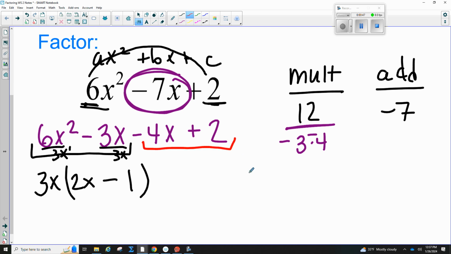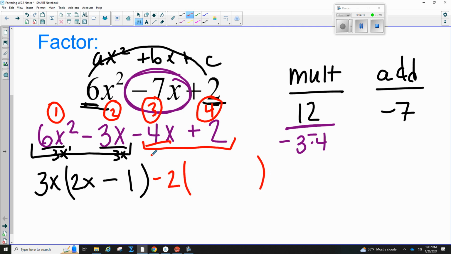If the third term is negative, you take out a negative. So when I say third term, this is the first term, second term, third term, fourth term. If this is a negative number, take a negative out. Okay, what's the GCF though of these 2? So I'm going to take out a negative 2. Okay, so if I take out a negative 2, it's like I'm dividing by negative 2.